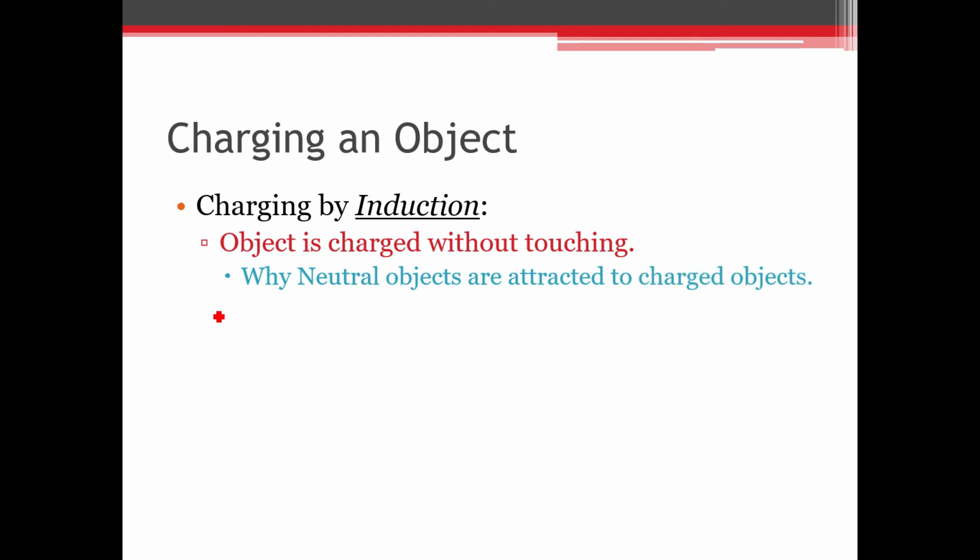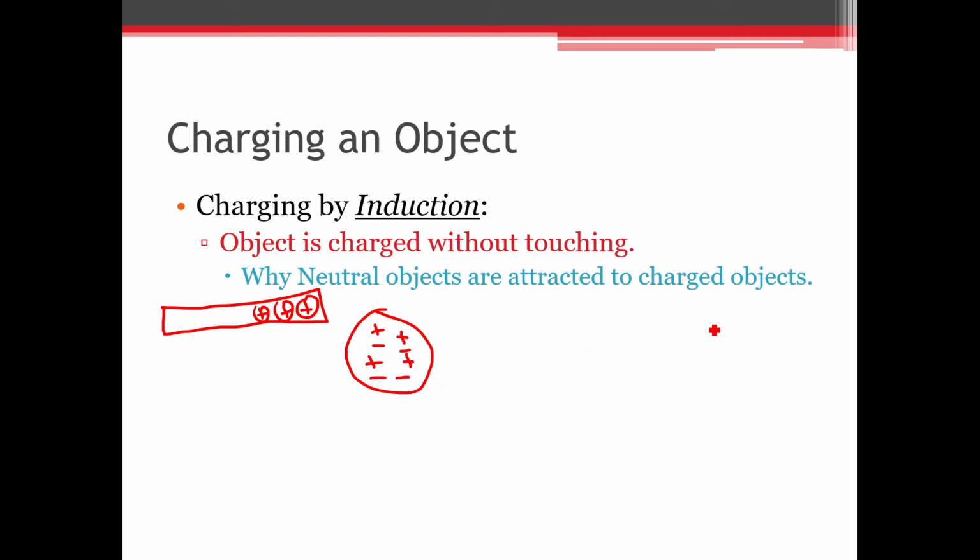So for example, let's take a charged rod here. Let's say this is a positively charged rod, so it's missing a bunch of electrons. And you bring it to a sphere which is neutral.